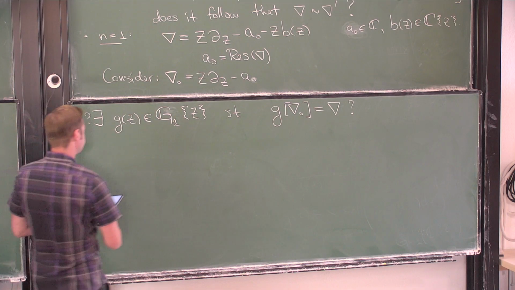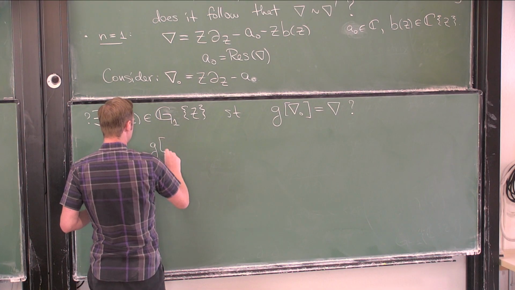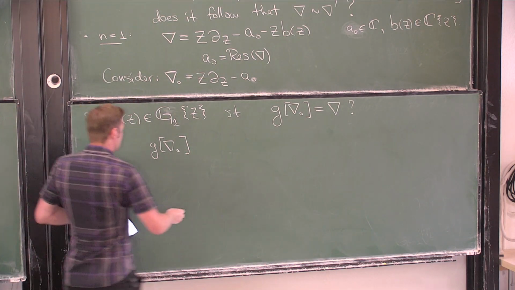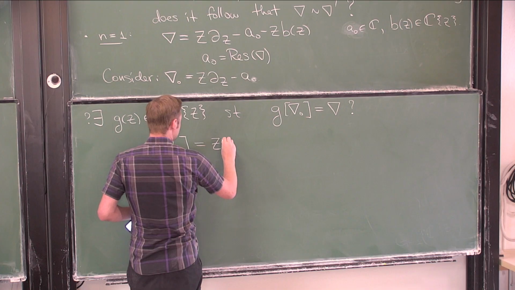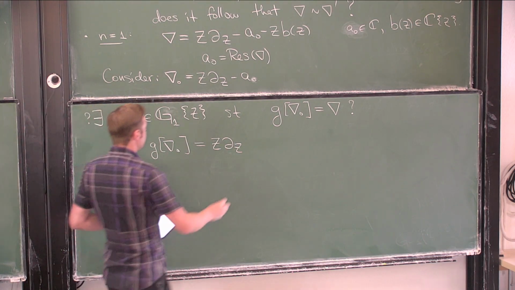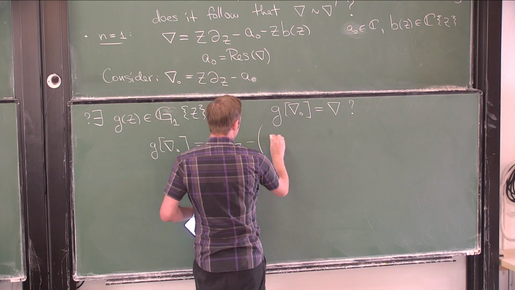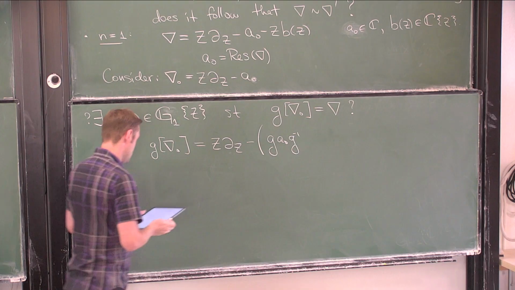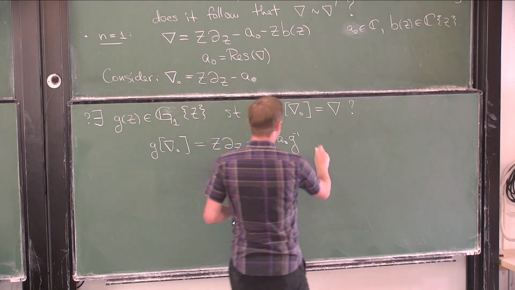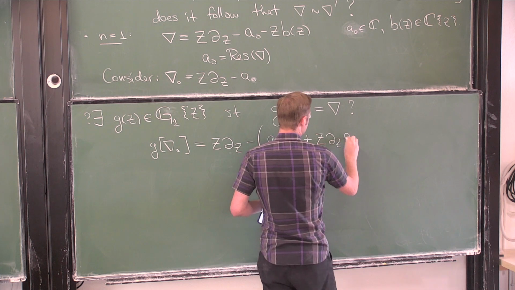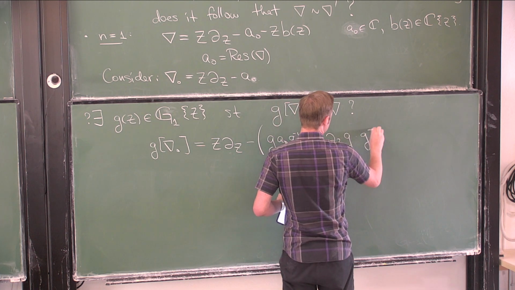Well, let's just do this calculation very quickly. So what is this? There's the differential operator still, and then we have G A naught G inverse plus Z del Z G times G inverse.